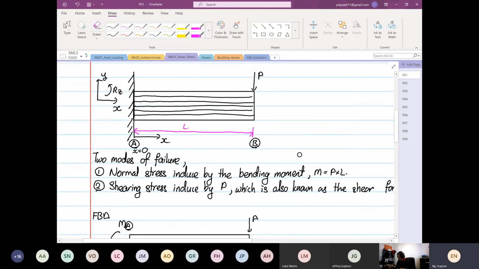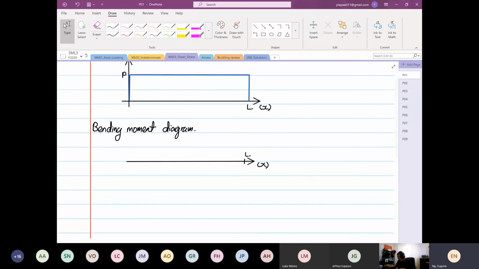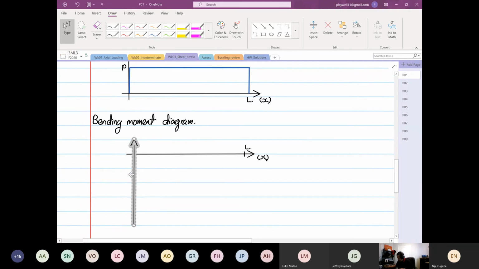Okay, so now we also have a bending moment diagram. I'm going to focus on negative bending. This is because the structure is bent in a certain manner.